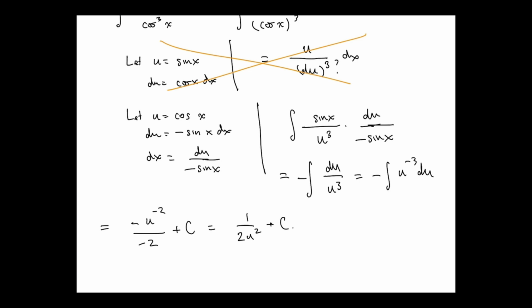Right, so we used u, let's replace it. Our substitution we picked was u equals cosine, and so we'd have 1 over 2 cos squared x plus c, or you could write this as 1/2 secant squared if you wished. Same thing, because it's cosine in the denominator. Okay, so either one would have been fine.